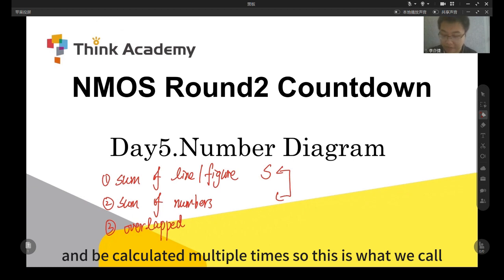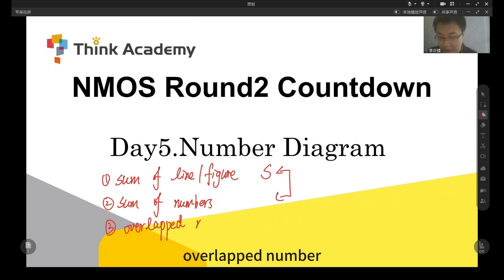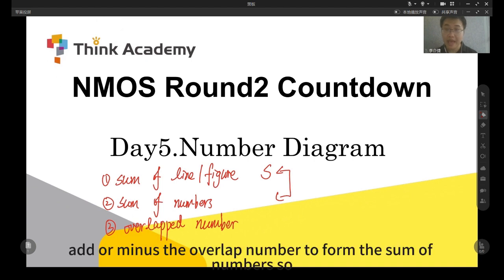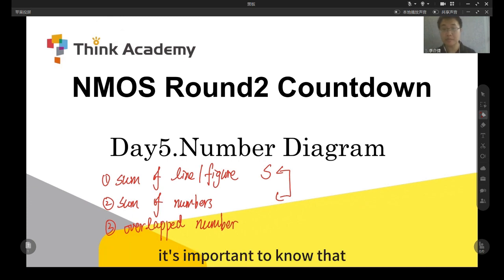This is what we call overlapped number. Sometimes the sum of line will add or minus the overlapped number to form the sum of numbers. So it's important to know that these 3 things are the key points to the number diagram question.